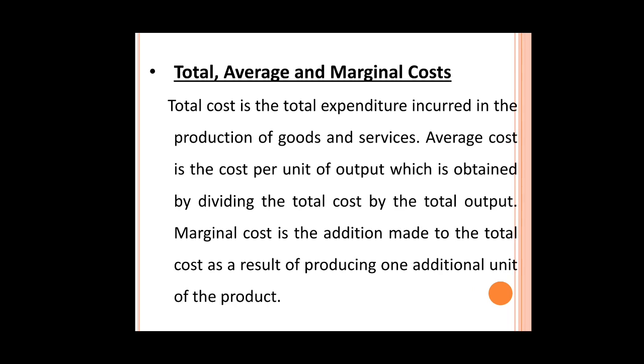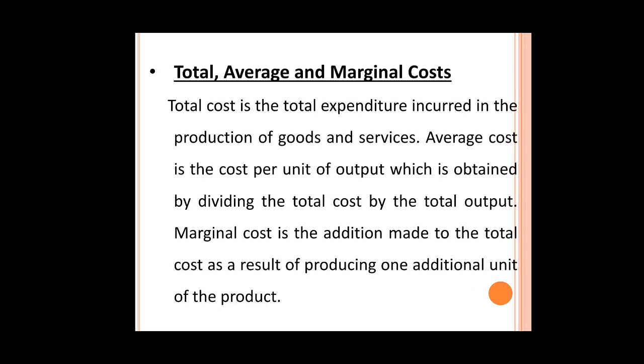Total cost is equal to total variable cost plus total fixed cost. Average cost is the cost per unit of output which is obtained by dividing the total cost by the total output. Thus, average cost is equal to total cost divided by total output, or TC divided by Q.